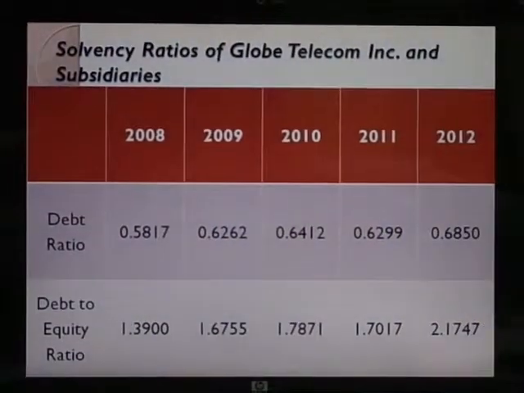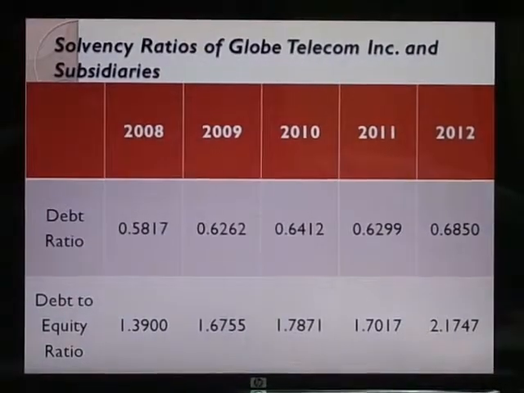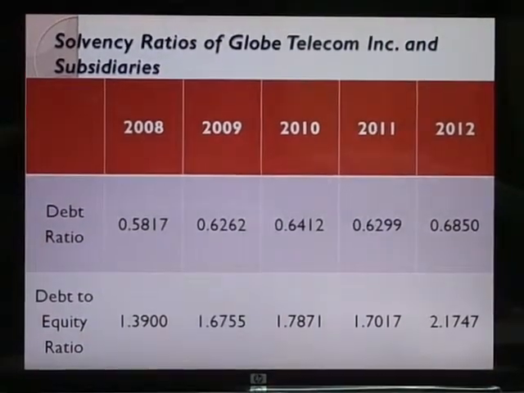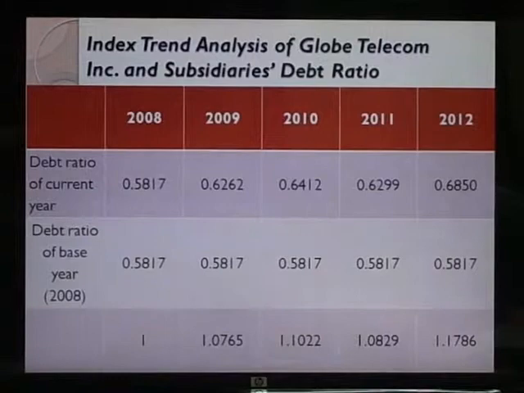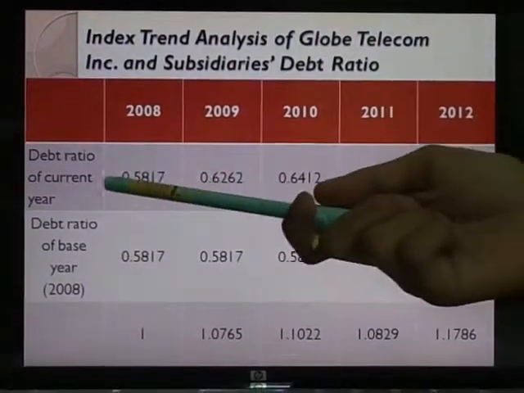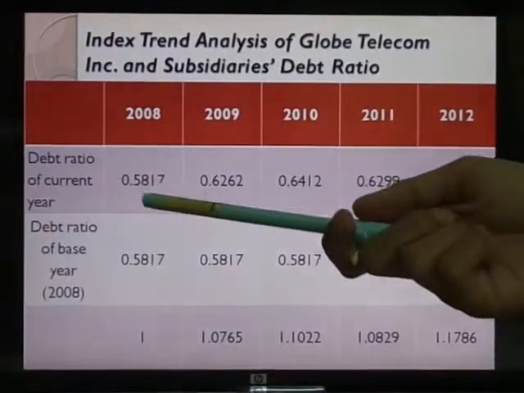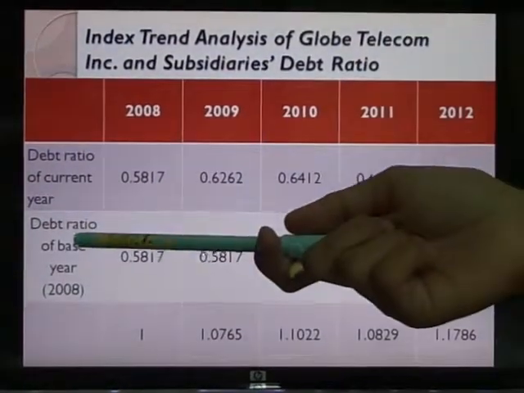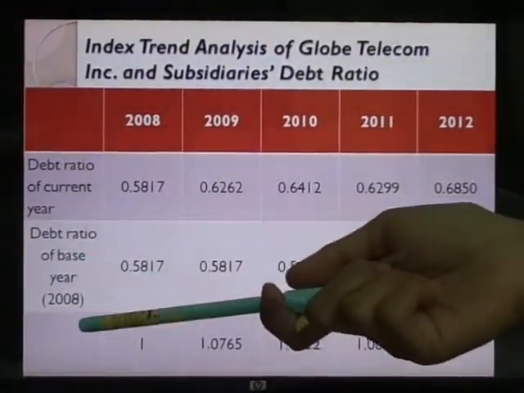And for the solvency ratio for the company, again, we use the formula, the current year over the base year. Debt ratio of the current year, I divide it by the debt ratio of the base year, which is 2008.